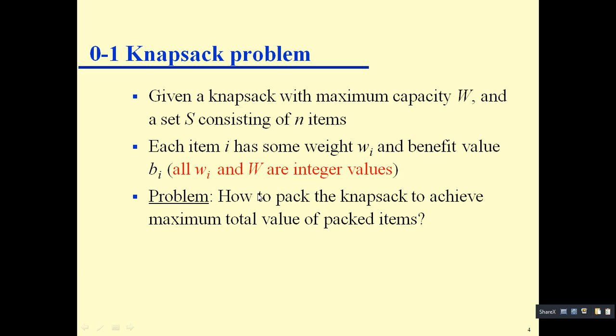Okay, and the objective is how to pack or fill up the knapsack in order to get the maximum total value of the packed items in the knapsack, right?